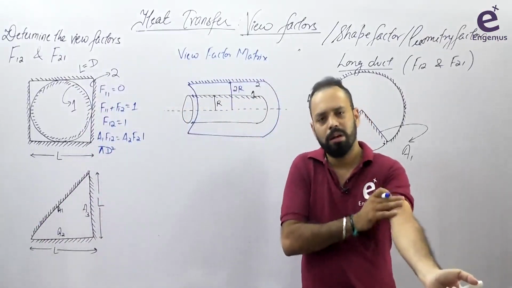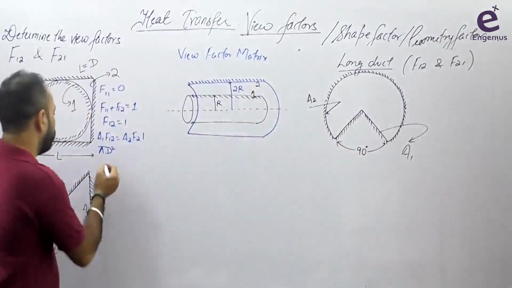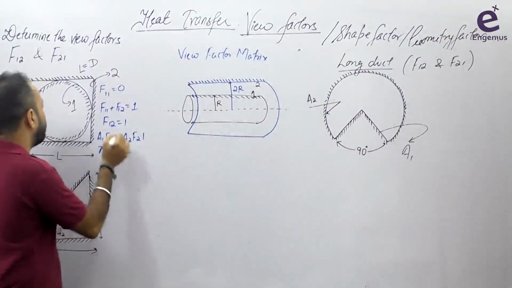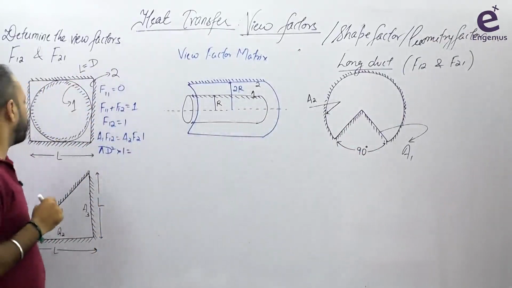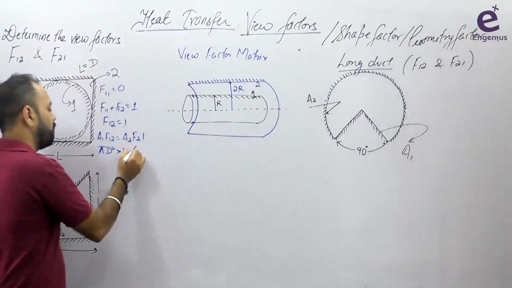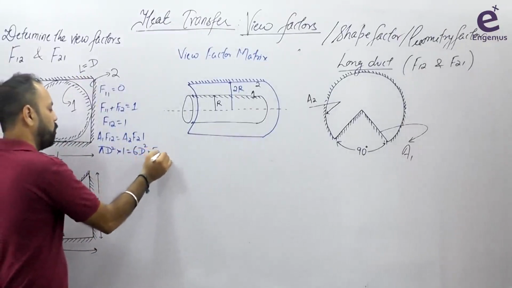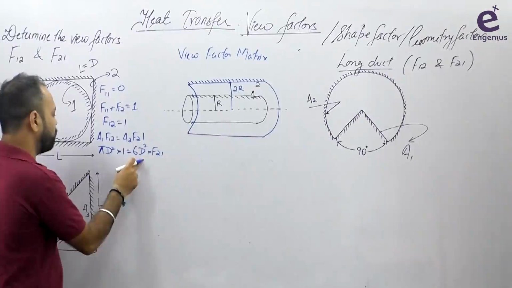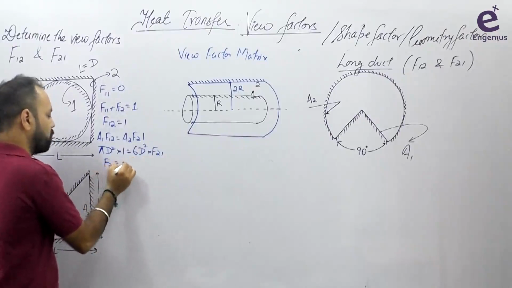है ना. चलो, so pi d square multiplied by F12, which is equal to 1, is equal to A2. What is A2? A2 6A square होता है ना. 6L square. What is that? 6D square. L is equal to D into F21. अब यहां से D square cancel, और जो आपकी F21 की वैल्यू आ रही है that is pi by 6.